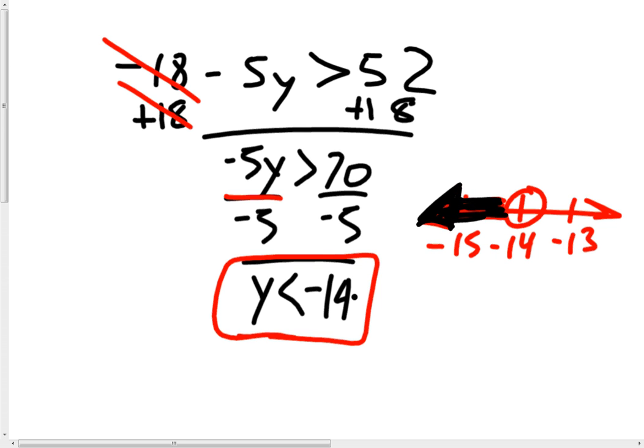What does this mean? This means that there's a lot of solutions all the way in that direction, but not the other direction. Is negative 14 a solution? No. Negative 14 is an open circle, so it's not actually part of the solution. It's just the boundary of the solution.